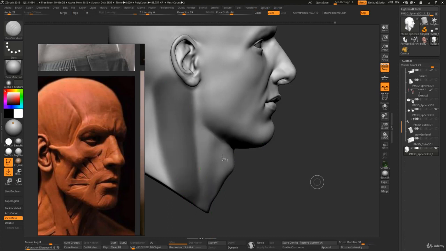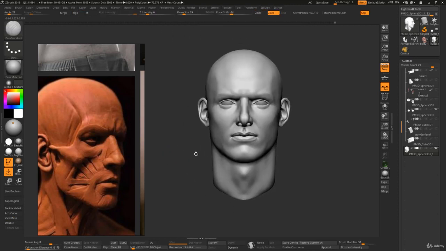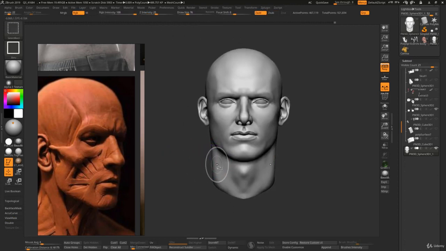Okay, and for the neck, always try to pay attention to its width. The average width will be the same as the width of the jaw, and that means a stronger look. If it is less than the width of the jaw, it will look more like a weak or thin guy, you know.